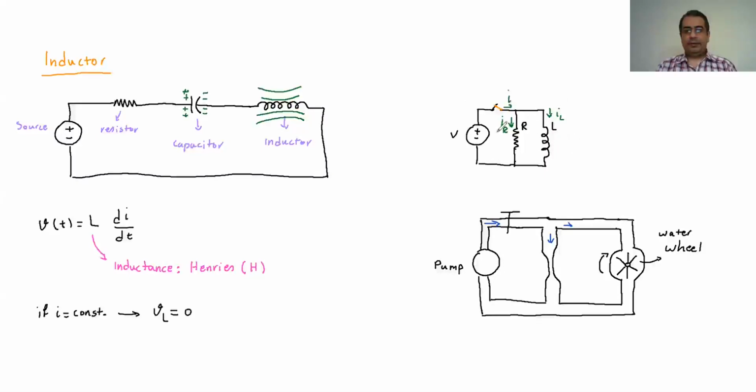Eventually, as time passes, the voltage becomes constant, as you see here. At the very first point when we close the key, the voltage suddenly changes from 0 to whatever we have here.